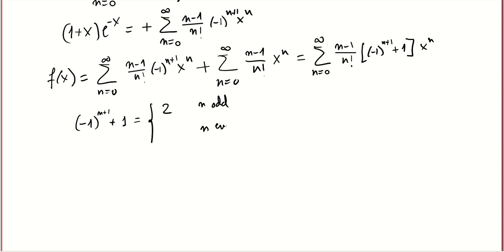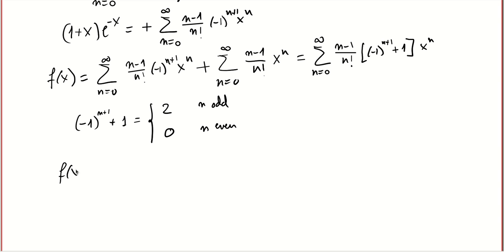If n is even, then this sum is 0, because if n is even, this is odd, and therefore this is minus 1, minus 1 plus 1 is 0. So what this means is that only the odd terms will survive here, and for those terms, this coefficient is going to be just 2.